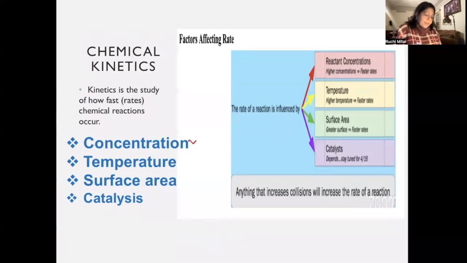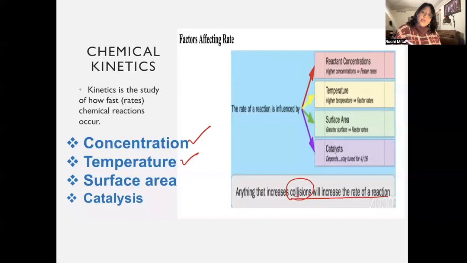If the concentration increases, there are a lot more molecules that can undergo a collision, and therefore an increase in concentration increases the rate of reaction. Anything that increases the collisions will increase the reaction. It is very important that you understand and connect it to collision.